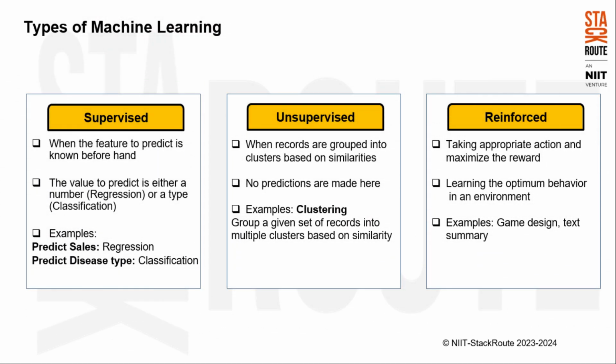Now, there are three main types of machine learning. The first one is called supervised machine learning. Then we have unsupervised machine learning, and then there is reinforcement machine learning. In supervised machine learning, the technique is you know what you are going to predict. So if I have a data set which contains features and it has one value that you are going to predict, which we call a dependent variable or a y variable.